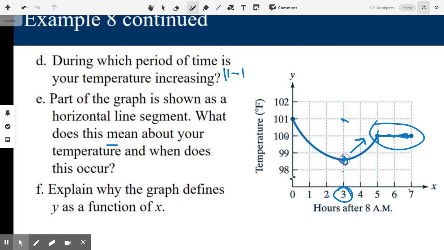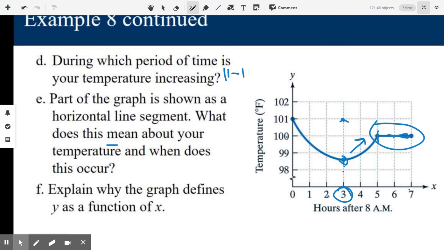I can't have two temperatures at the same time. See, this is what makes it a function, is I cannot have two temperatures at any specific time during it. There's never going to be a point where I have points directly above and below each other. I can only have one point during each hour. I can only have one temperature at each hour during the day. And this is why this is a function.